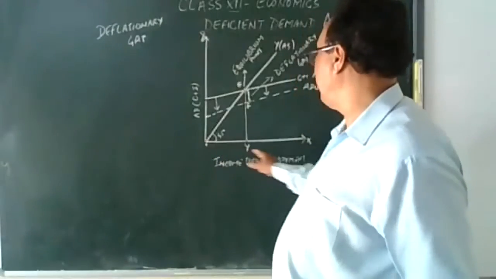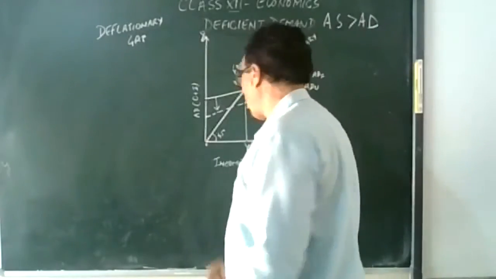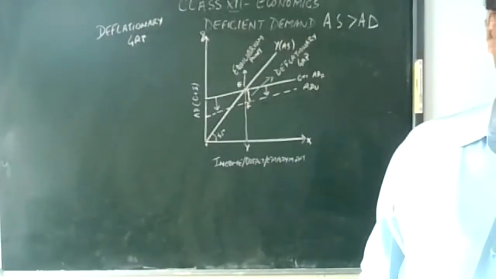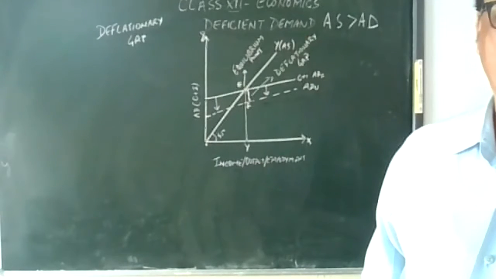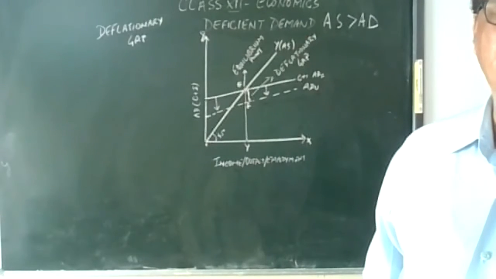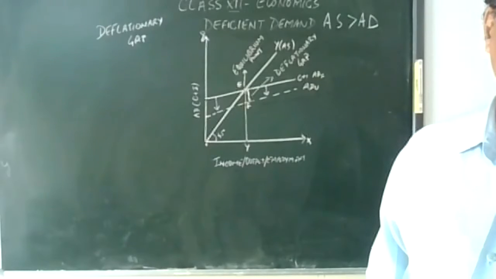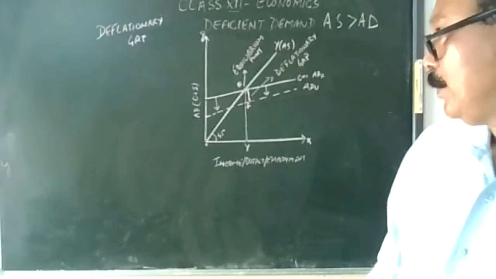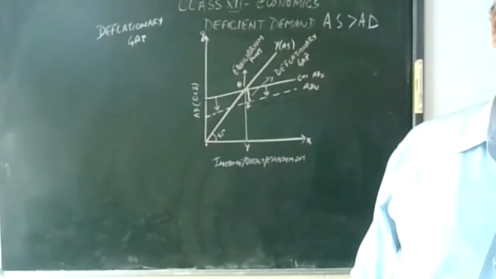The y-axis, second point, measures AD, in brackets consumption plus investment.